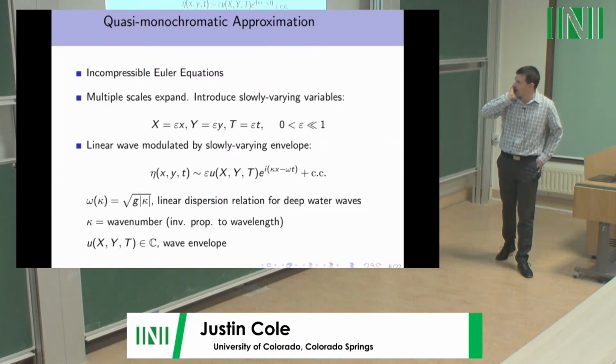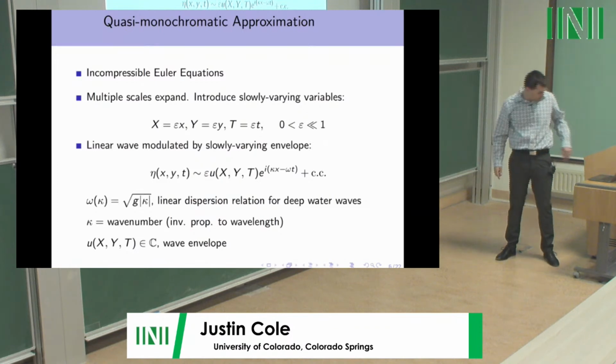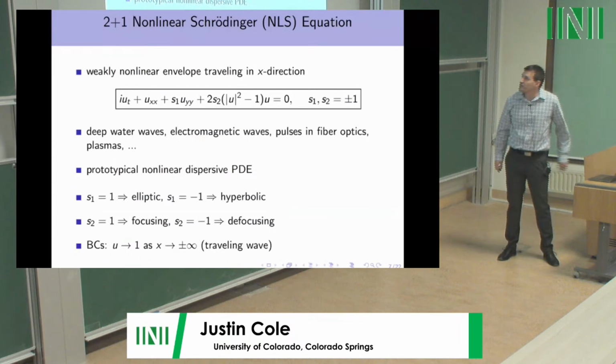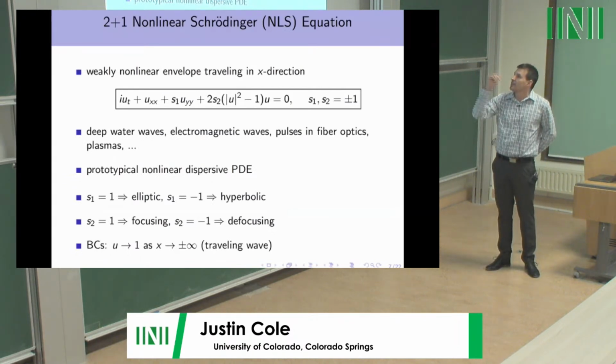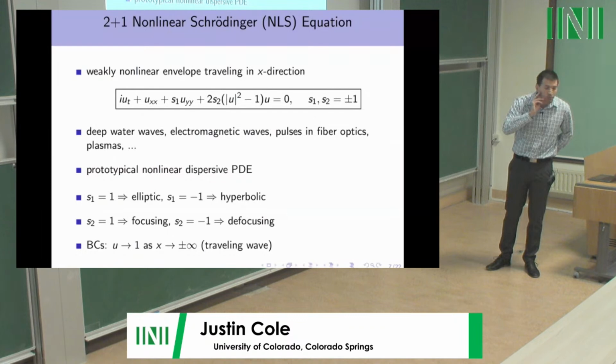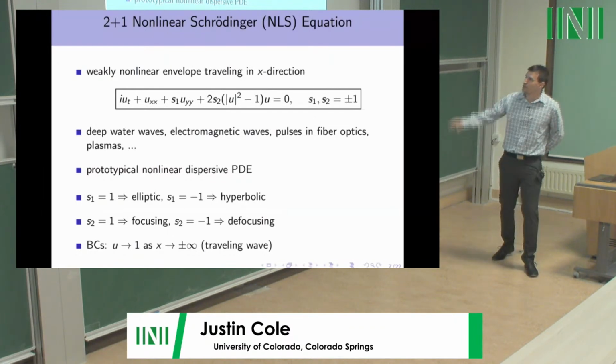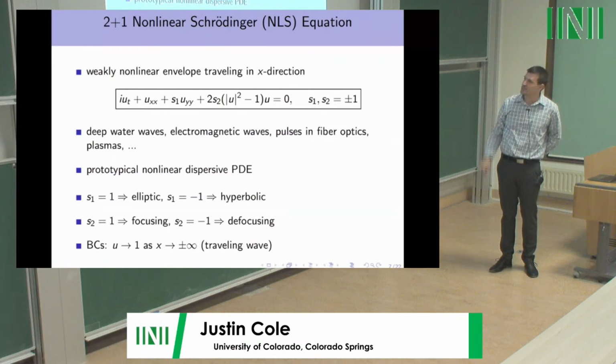Specifically, we'll be looking at the envelope U, which, after moving into a traveling frame of reference, yields what I'll call the 2 + 1 nonlinear Schrodinger equation, 2 for the two spatial dimensions in x and y, 1 for the temporal variable.